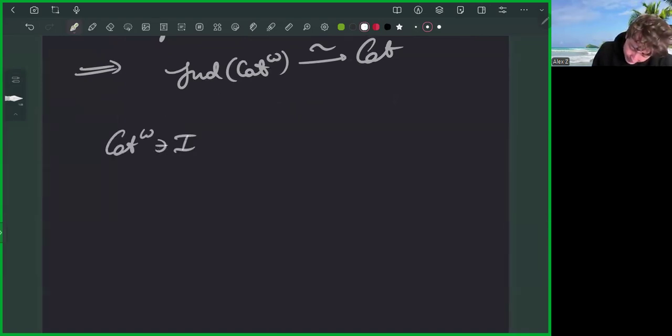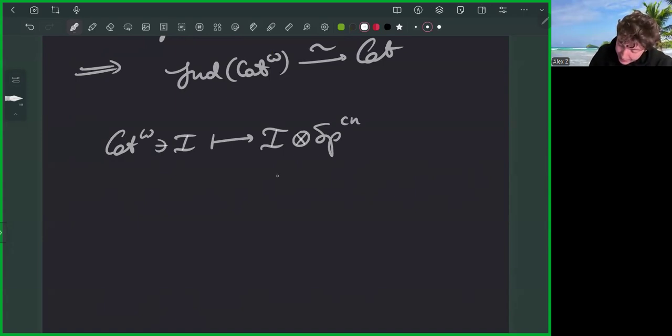Now what we want to do is the following. We want to take a category I, which is compact, and we want to map it to I tensor SPCN. Let me define what this means. This really is the same as taking pre-sheaves on I and then tensoring.